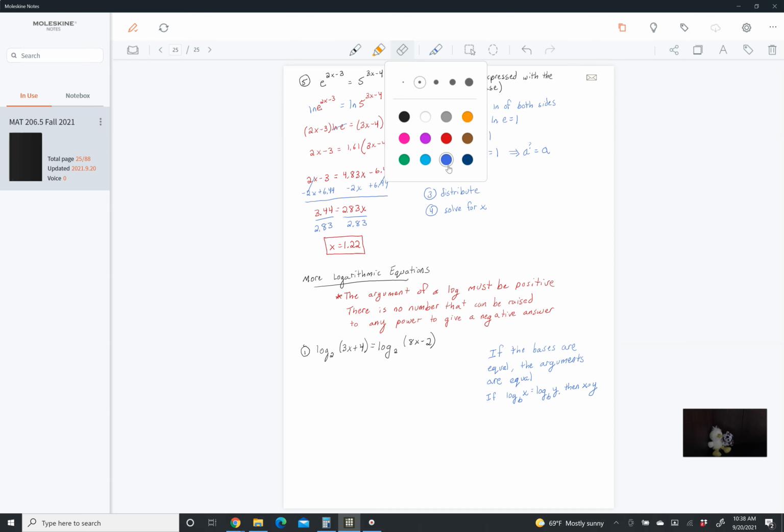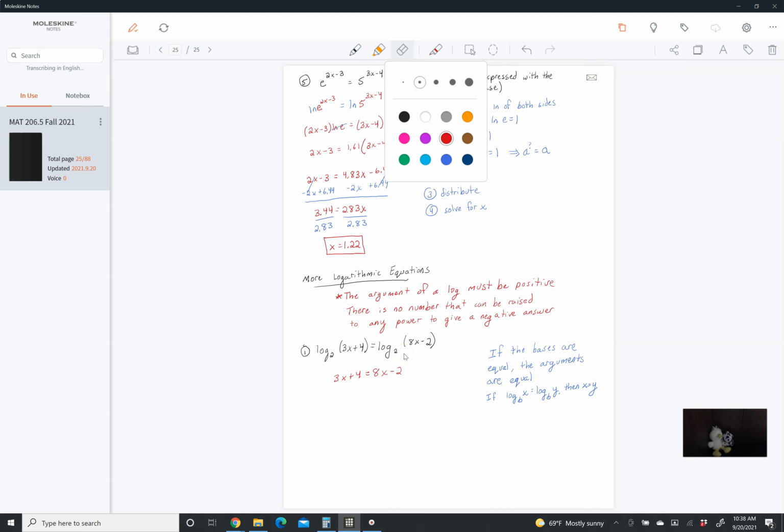So if we say that, then what we're saying is that 3x plus 4 is equal to 8x minus 2. This is similar to the previous video, where we talked about how if the bases of an exponential are equal, then the exponents are equal. Same thing is true here. If the bases of the logarithm are equal, the arguments are equal.